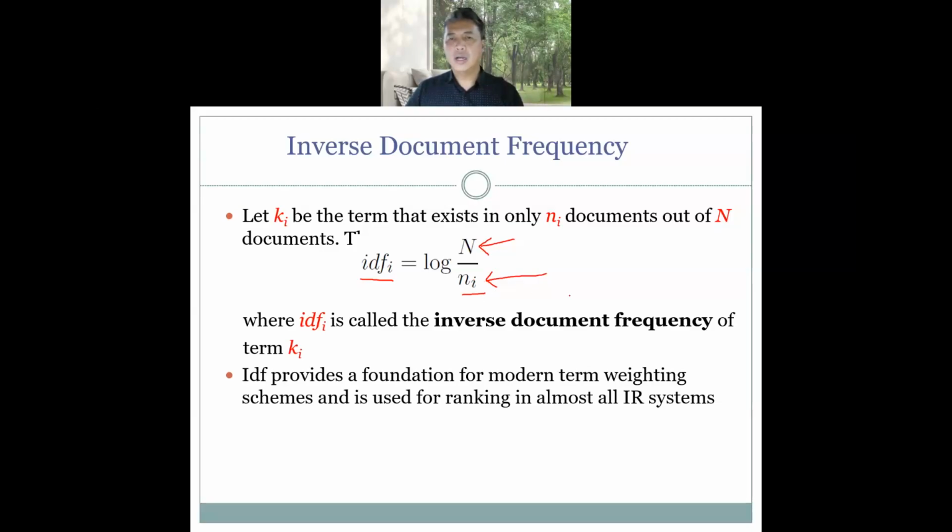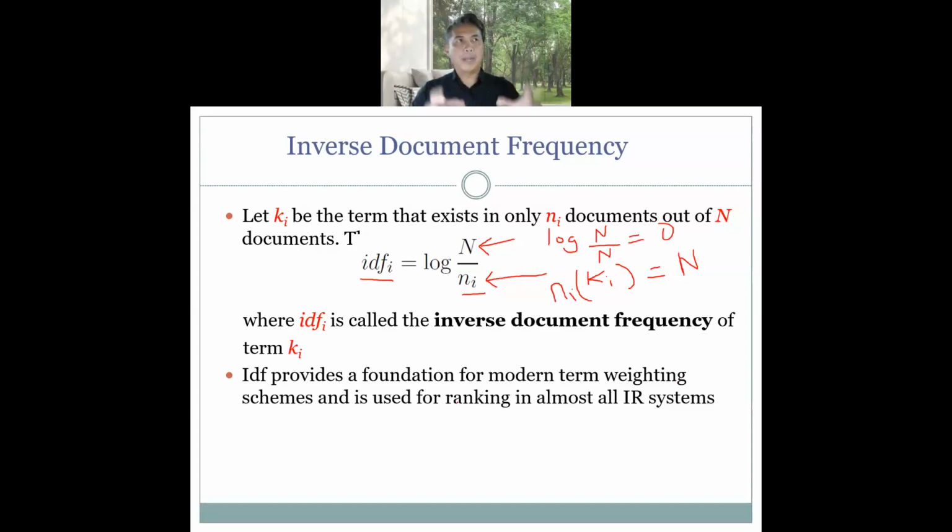Let's assume that keyword i exists in all documents. So what is n_i? It is n. So when we solve log n over n, this is 0.